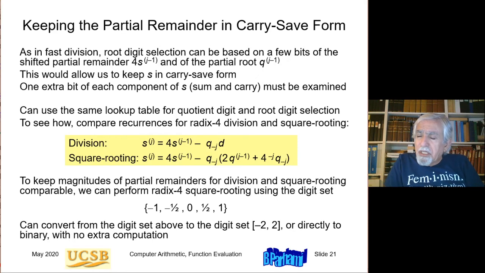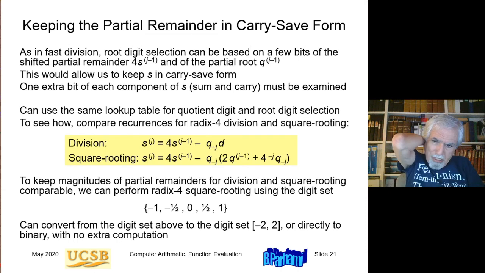Okay, as in division, we may think of keeping the partial remainder in carry safe form, because if we do this, we don't have to do a full carry propagate addition or subtraction in each step. Steps can go faster, and we can do that real addition or subtraction in the final step.